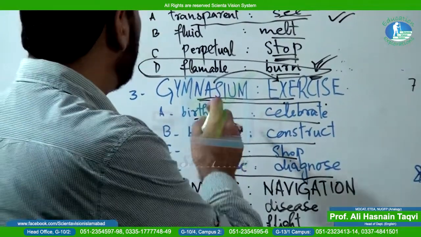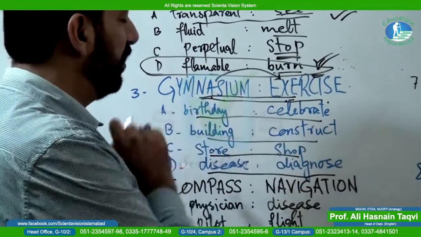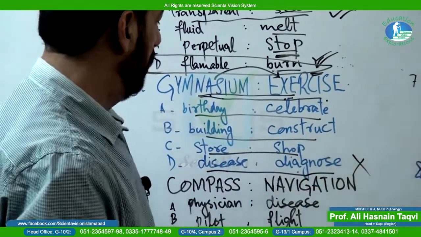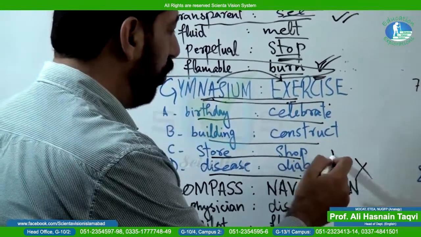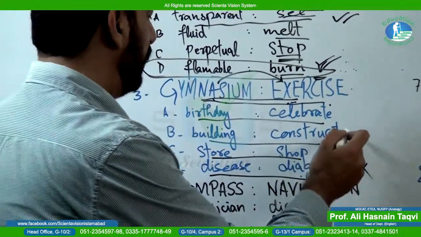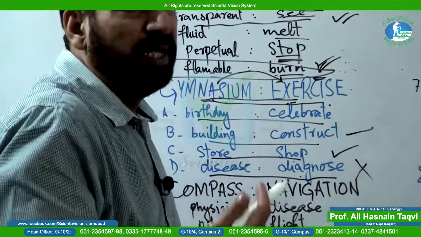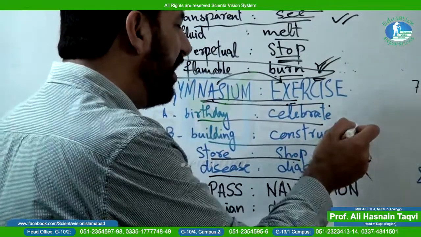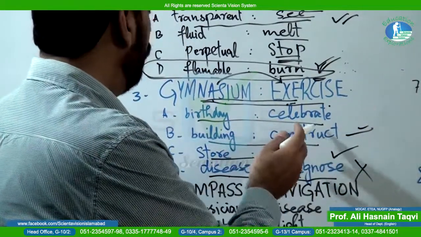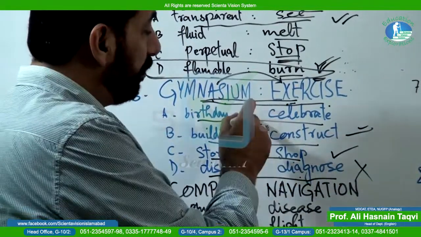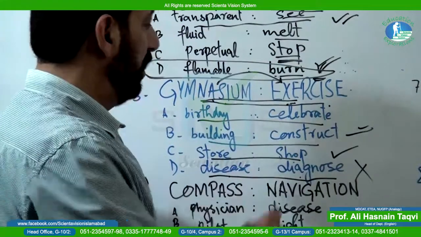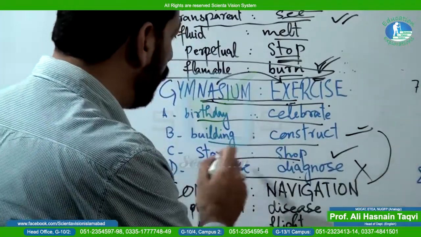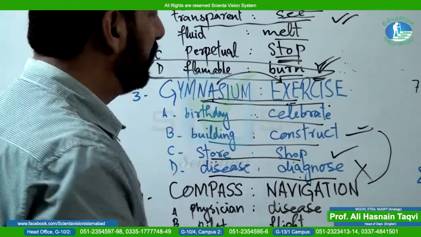Like when we say we exercise in gymnasium, we diagnose in disease, no. We shop in store, yes. We construct in building. Building is constructed, but within building you may construct something, maybe a little likely. We celebrate in birthday, the preposition doesn't fit in here. So the two apparently logical options were store, shop and building, construct.